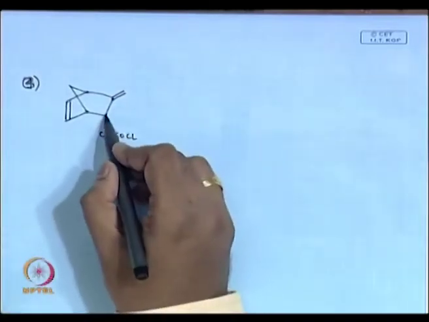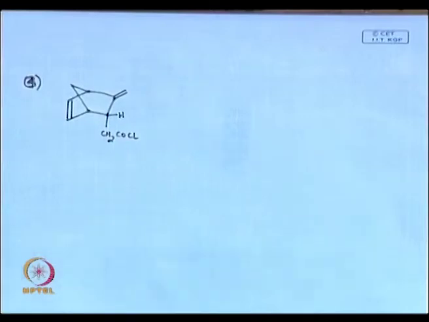Otherwise, once you know that it generates ketene, then you can do the chemistry nicely. This is a very good example to understand.